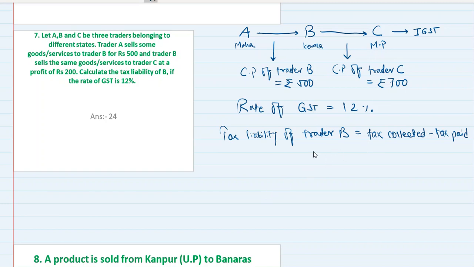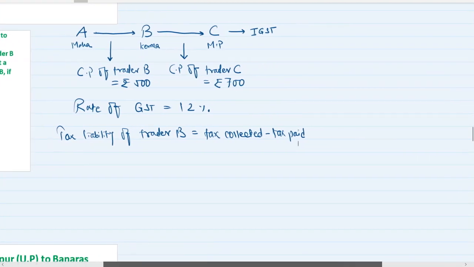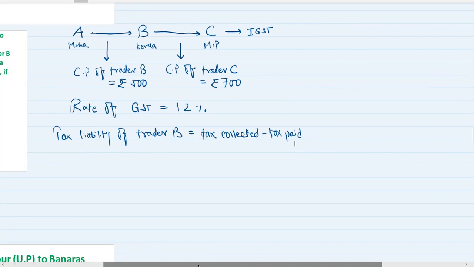If we want to use this method, then we have to find what is the tax collected and what is the tax paid. Now tax is always collected from the end user.